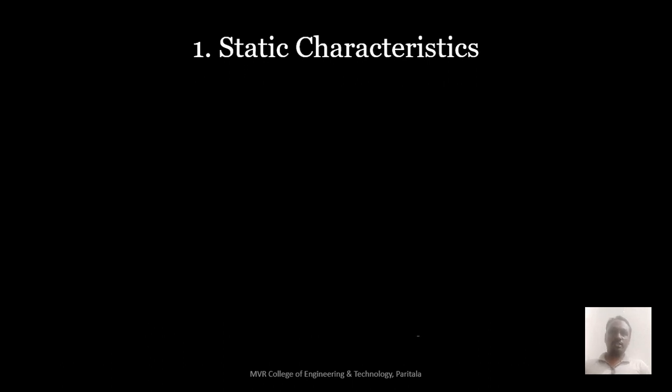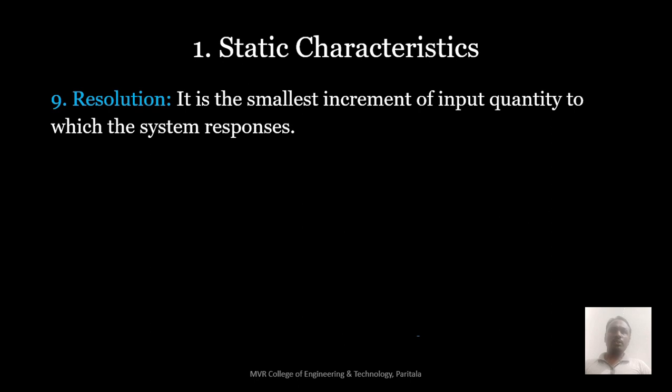So next one is resolution. It is the smallest increment of input quantity to which the system responds. That means it is similar to the megapixels of a camera. If the megapixels are very high, it can show a photo in detail.